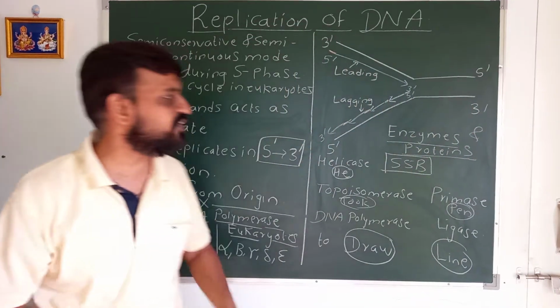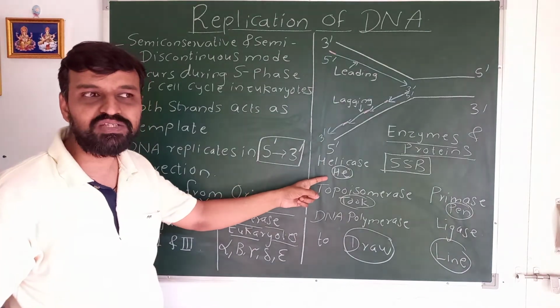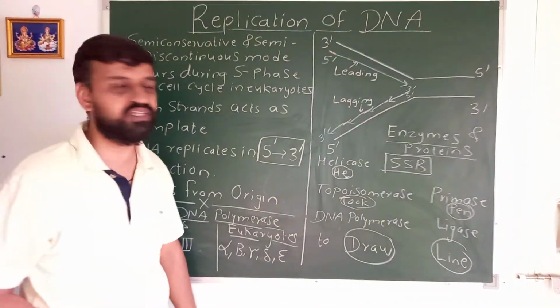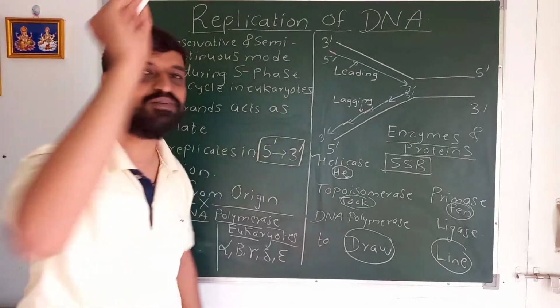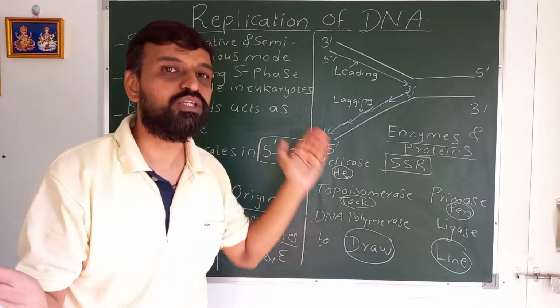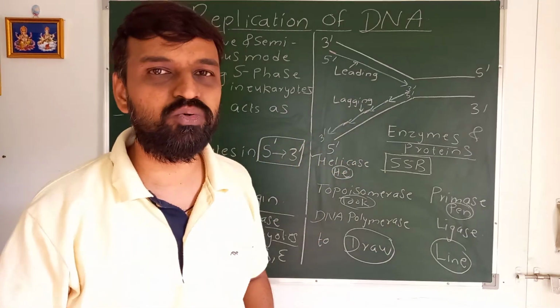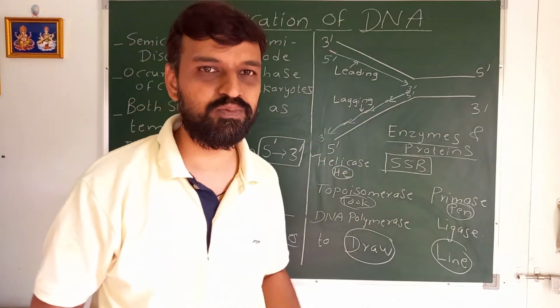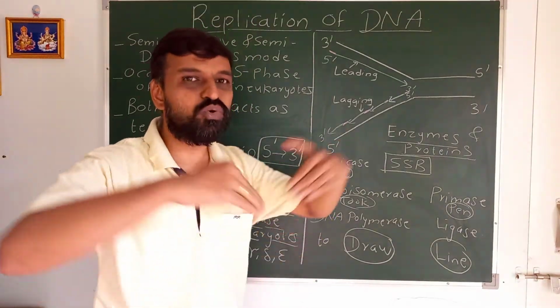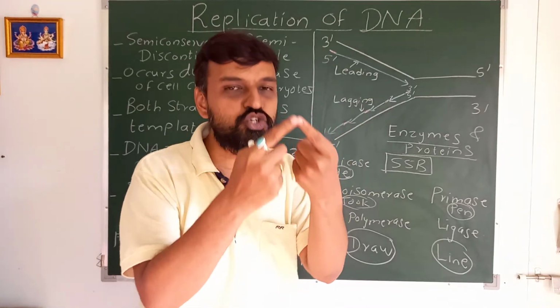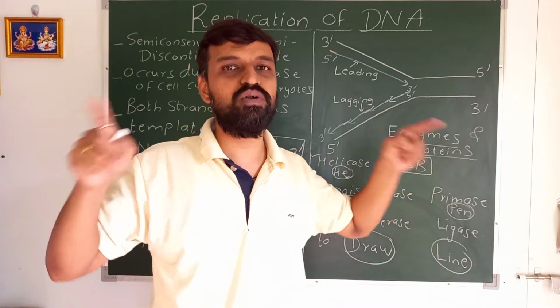The first enzyme involved in the replication of DNA is helicase. Helicase is the one which removes the helix of the DNA. As I already told you, DNA is a double helix, so if DNA has to replicate, its double helical structure should get unwound.